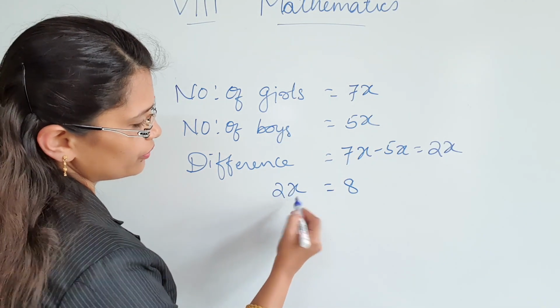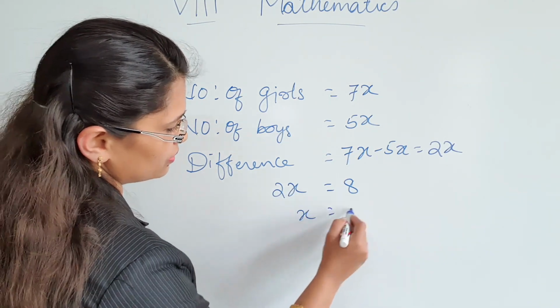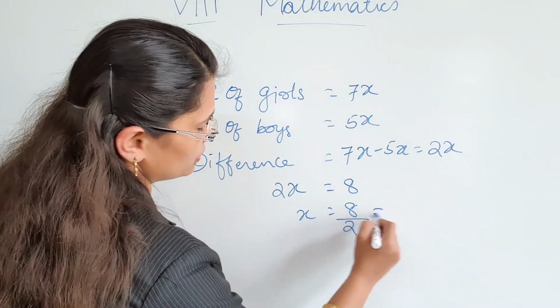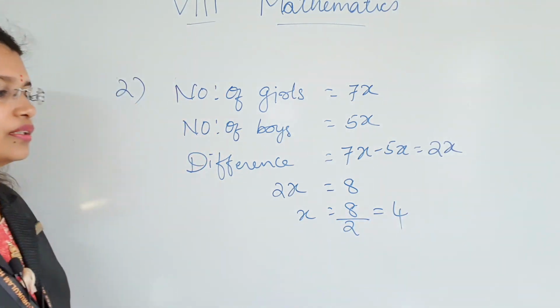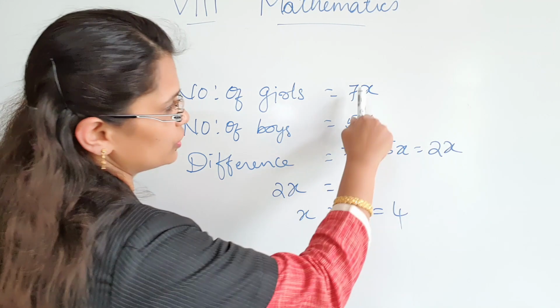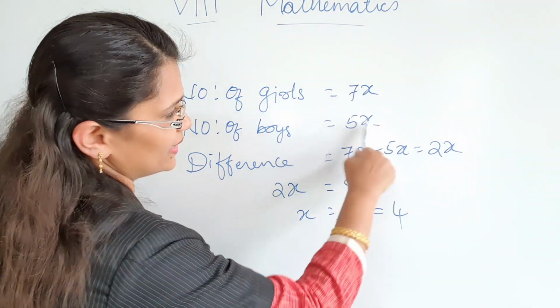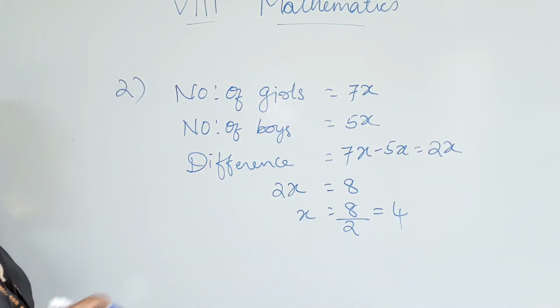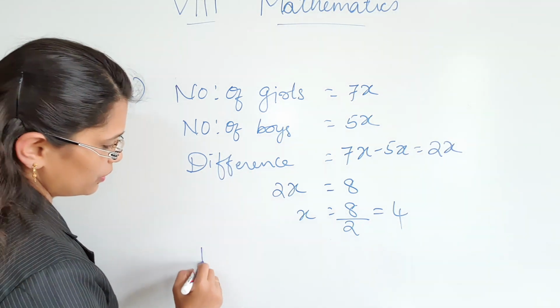So how to find out x from here? X is equal to 8 by 2 is equal to 4. Now substitute x is equal to 4 in 7x and 5x. So you will get the number of girls and number of boys.